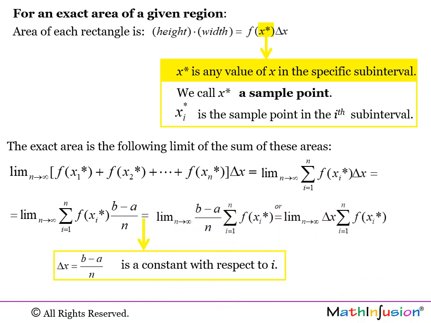Because, again, the sigma is with respect to i, I can take the (b minus a) over n out of the sigma, but I should leave it after the limit, because it contains n and the limit is related to n. And I get this. Or another way of writing this is as the limit as n approaches infinity of delta x times the sum of f of x sub i star when i runs from 1 to n.